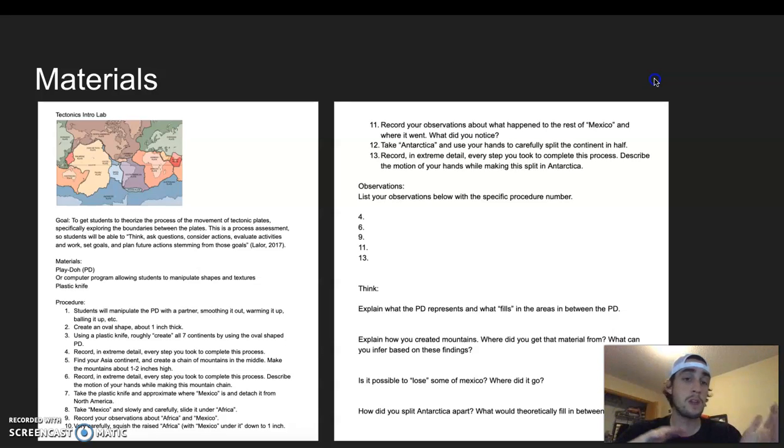So, okay, great, you did this, but why are we doing this? Think about this on a deeper level. Connect this Play-Doh to the earth and see what connections you have. What do you notice about these mountains? What do you notice about this big hole that we're creating? Things of that nature. So feel free to read along in there, or I can post this lab as well.